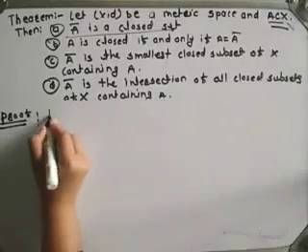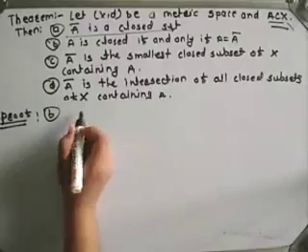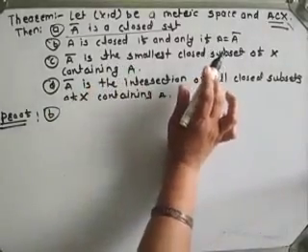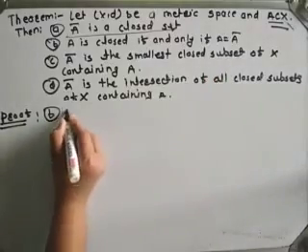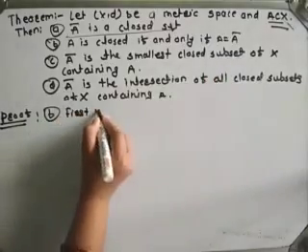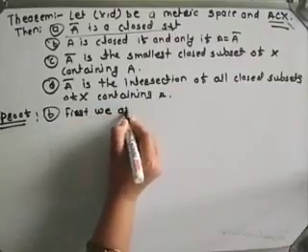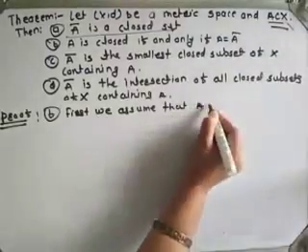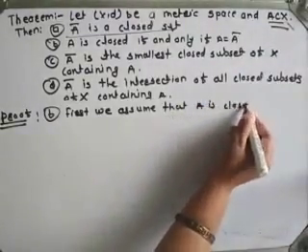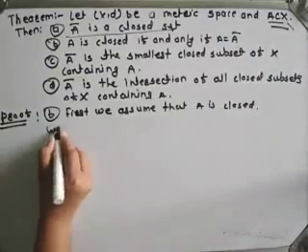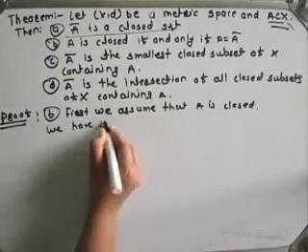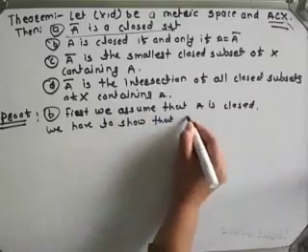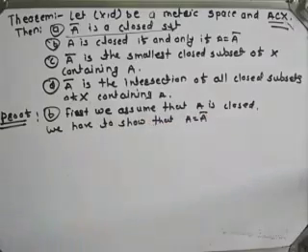Now we will prove part B. In part B, we have to prove A is closed if and only if A is equal to A closure. First we assume that A is closed. We have to show that A is equal to A closure.